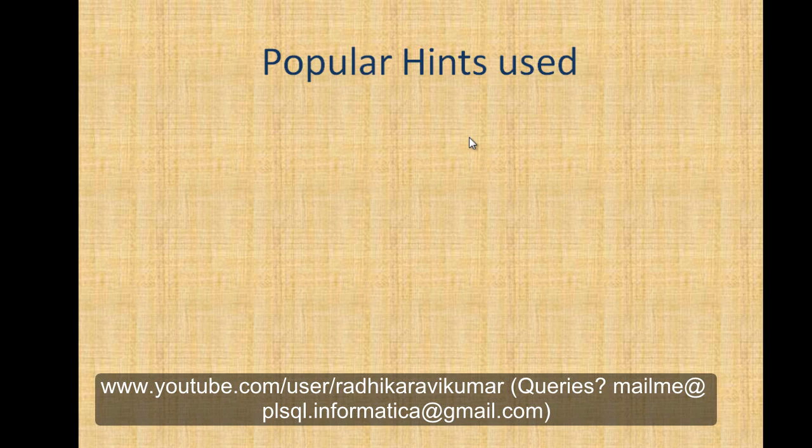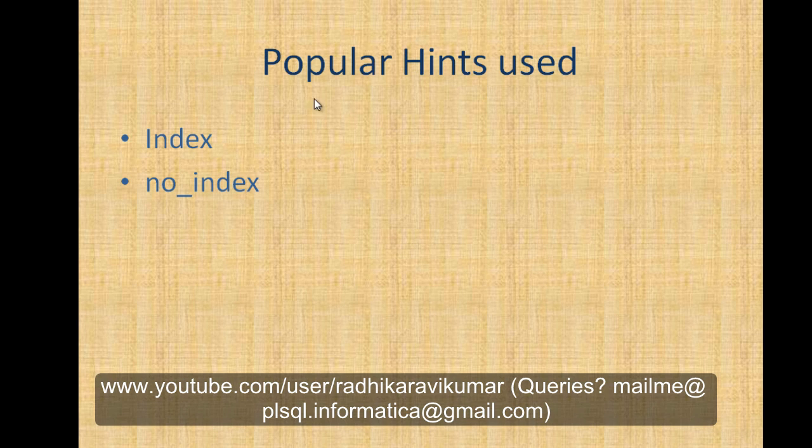As I said, we'll just discuss the popular hints that are used, because many hints are available in Oracle. The first one is INDEX and the second one is NO_INDEX. What exactly these do is, the INDEX hint forces the index to be used on the query we are writing, if the index is present.